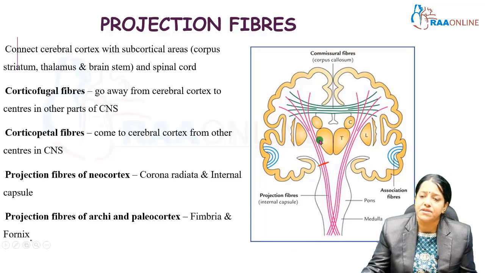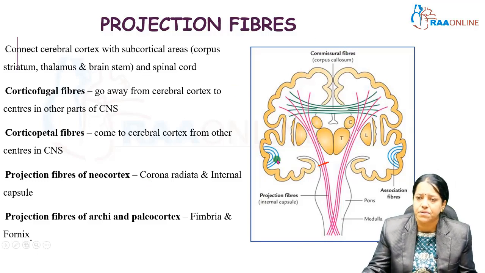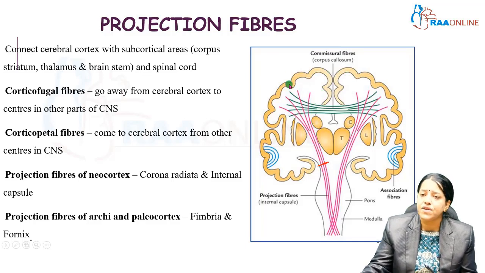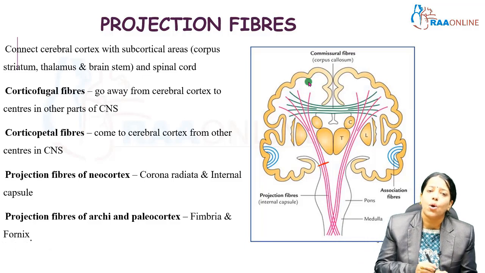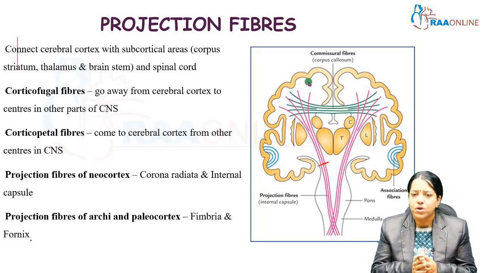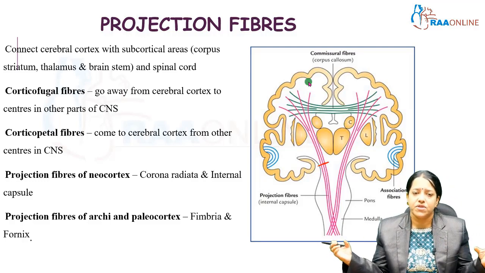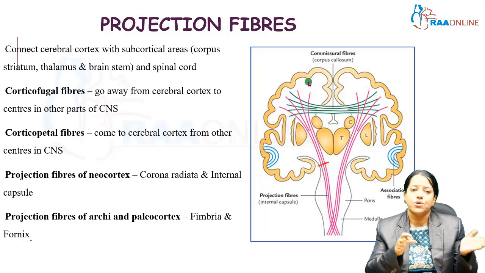Some fibers definitely will have to come up to the different areas of the cerebral cortex, such as the sensory cortex, which is areas 3, 1, 2 of the cerebral cortex. The fibers which come up carrying the information to the cortex are called corticopetal fibers. Petal means you come to the center. So something towards the center is petal, something going away from the center is fugal. So you have corticofugal fibers and corticopetal fibers.